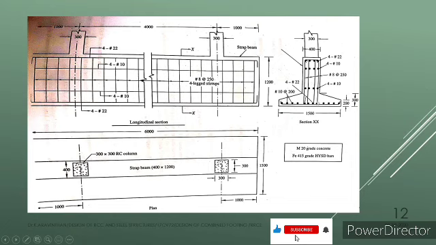This is the beam which will run throughout the length of the footing. Why do you need this footing strap beam? In order to distribute the column load evenly to the base of the footing, you need a strap beam for the overall length. Hence, we are designing the strap beam.